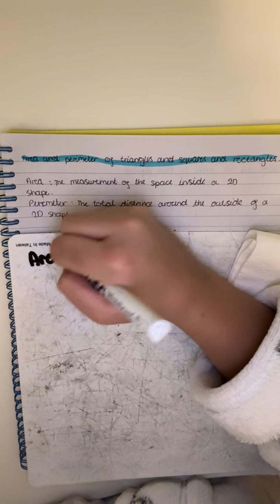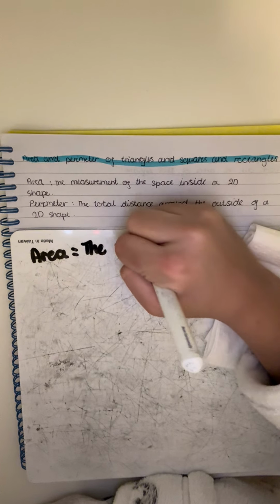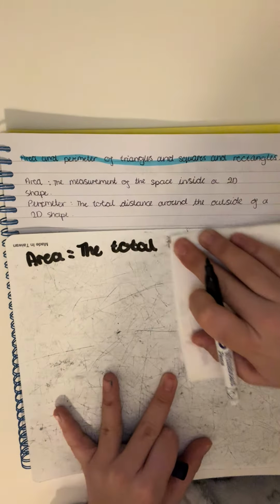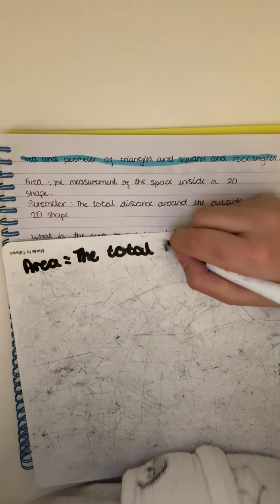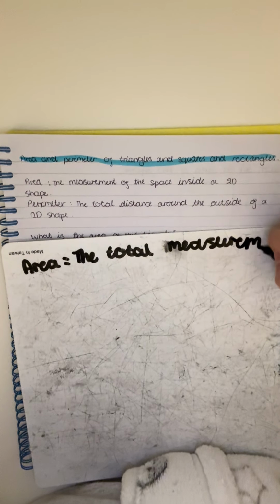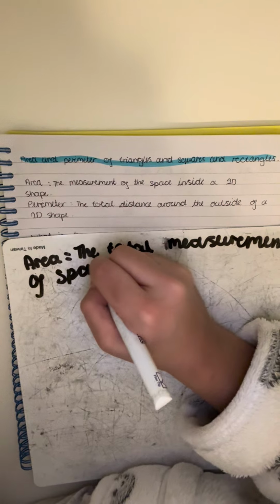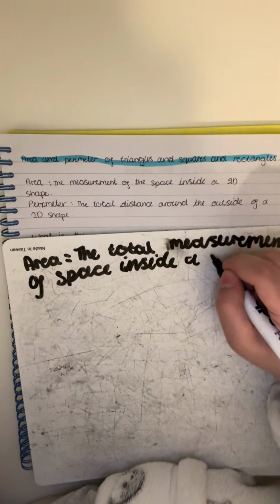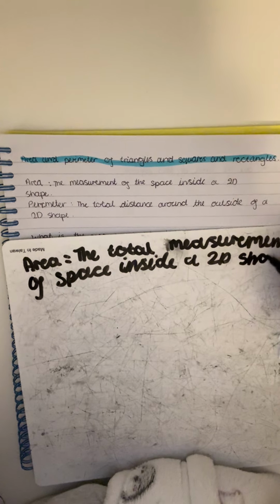Number one is area, which quite literally means the total measurement of space inside a 2D shape.